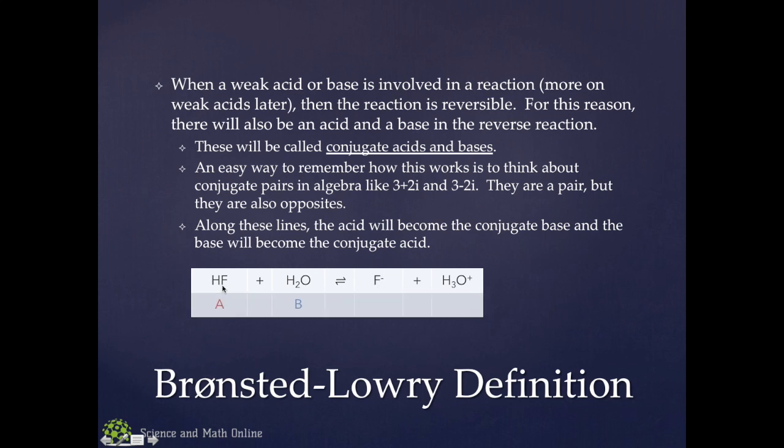So whatever is the acid on one side will be the conjugate base on the other, and whatever is the base will be the conjugate acid on the other. They flip like this. They end up being a pair that go together, but they are in fact opposite each other.